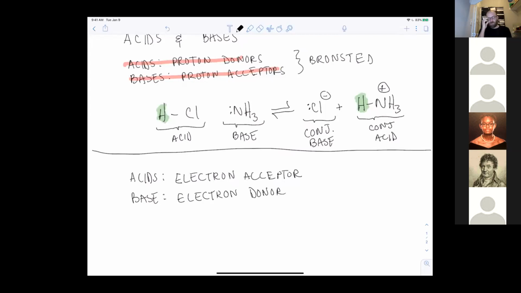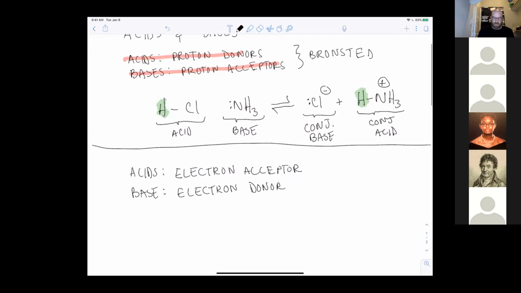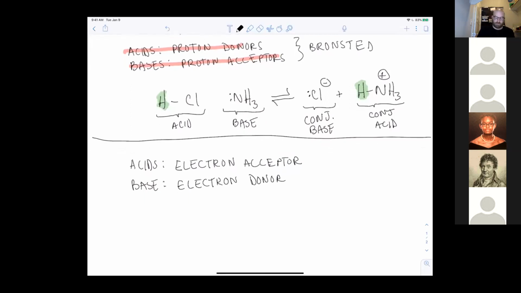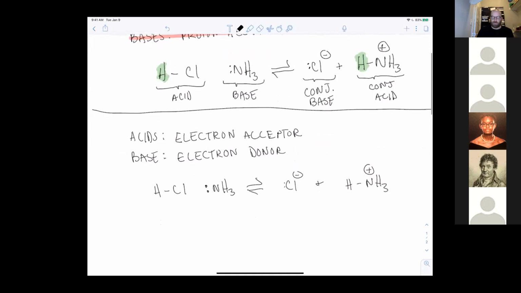And you can see even in our previous example that even by this definition, we would still correctly identify everything as in the same acid-base context. We're just using a different, I guess, metric to measure it or define it.